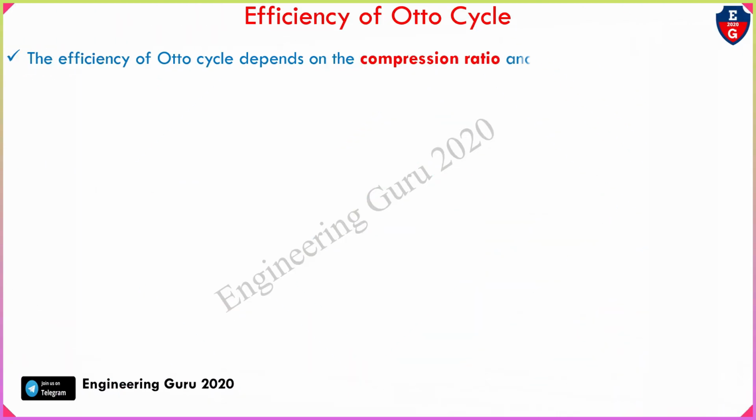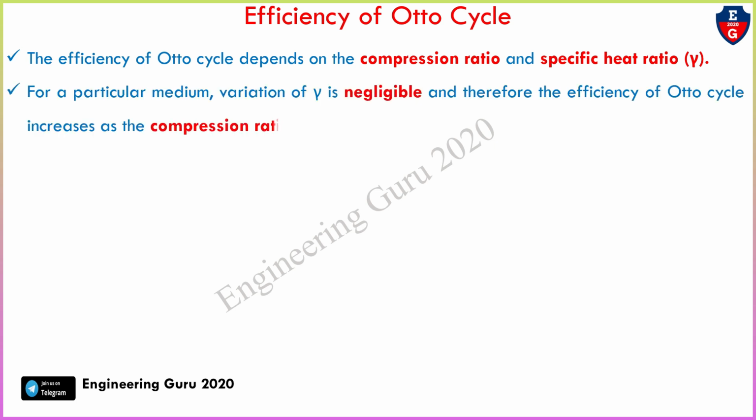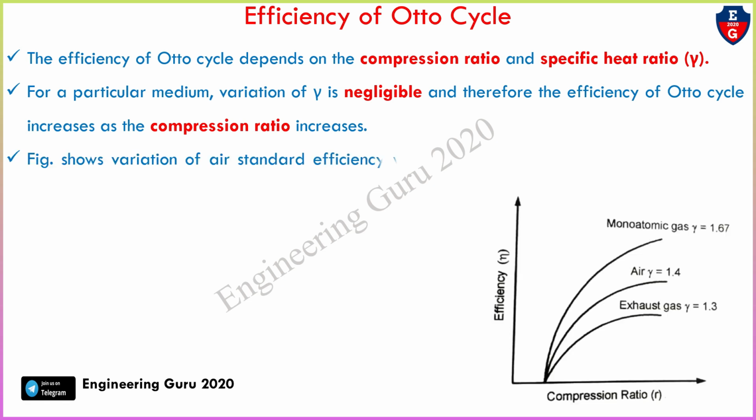The efficiency of the Otto cycle depends on the compression ratio and the specific heat ratio. For a particular medium, the variation of gamma is negligible, and therefore the efficiency of the Otto cycle increases as the compression ratio increases. The figure shows the variation of air standard efficiency with compression ratio and gamma of the working medium.